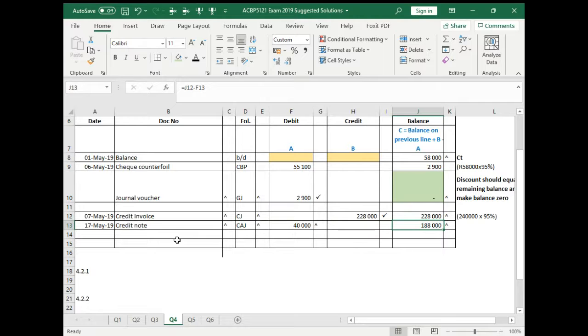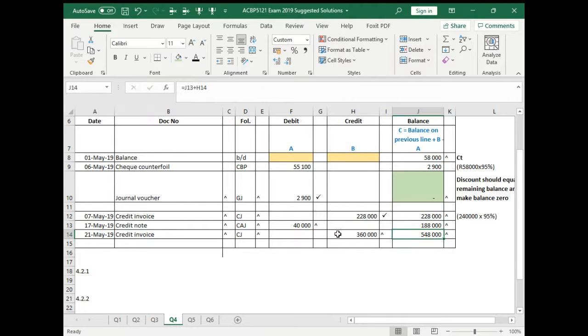Then on the 21st, we purchased some more goods on credit, so it would look exactly the same as the transaction on the 7th of May. The value would have just changed to 360,000, and you add that to the closing balance of 188 to get a new balance of 548. And then we received a debit note for the undercharge, so that's where they're correcting an error.